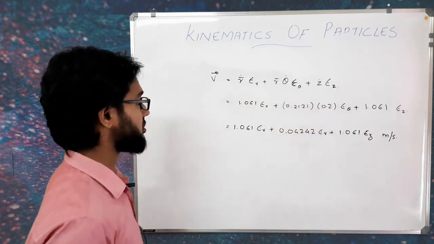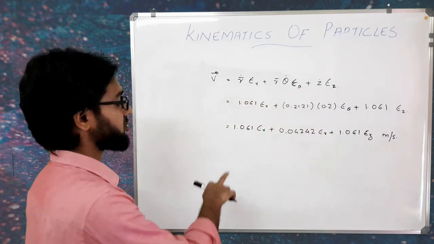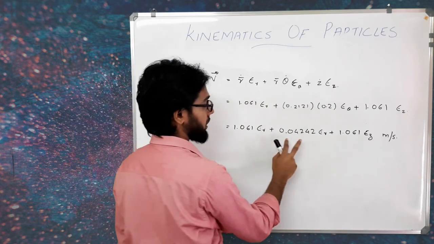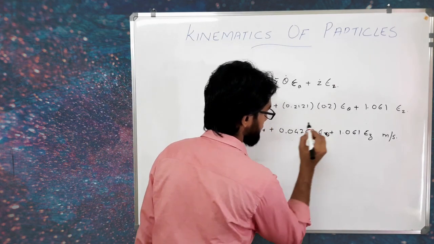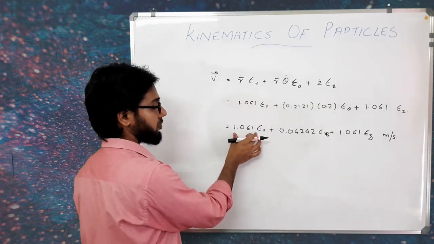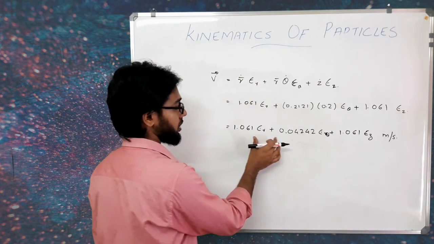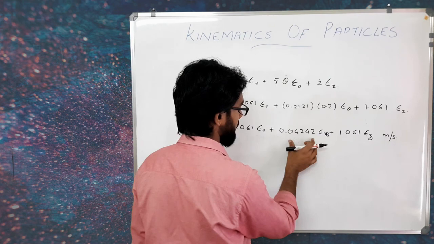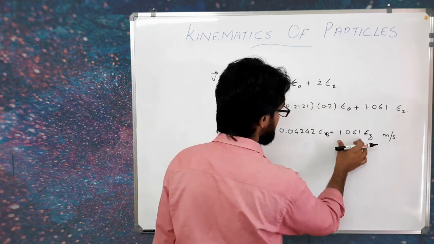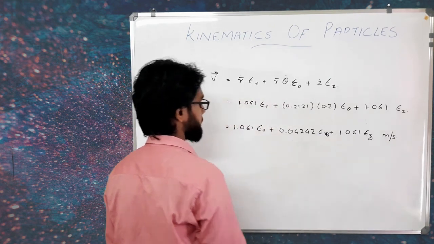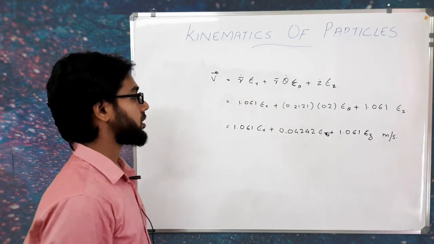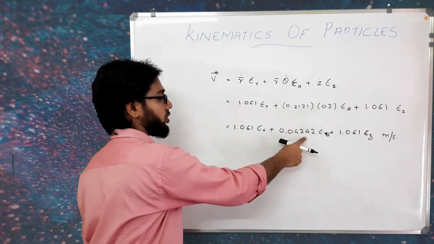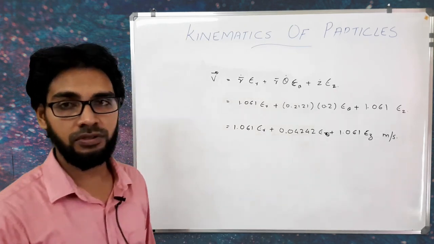Since in the question it is mentioned to find the velocity vector in terms of the three components, here it is in terms of the radial component, the transverse component, and the axial direction. So as such, I have obtained the velocity vector in terms of the three components.